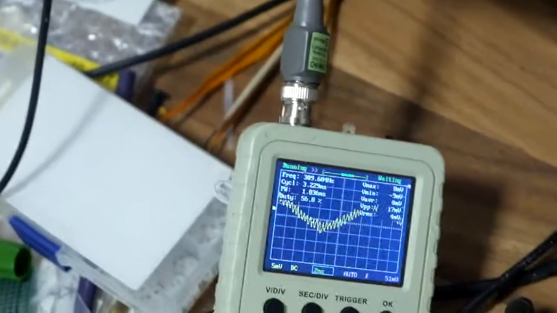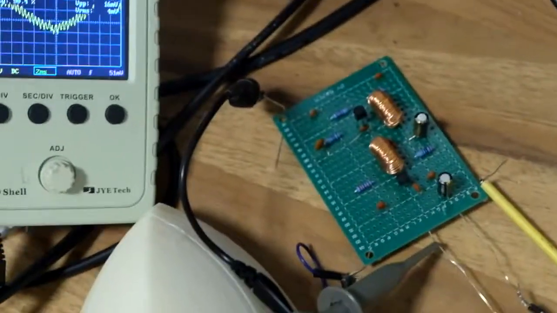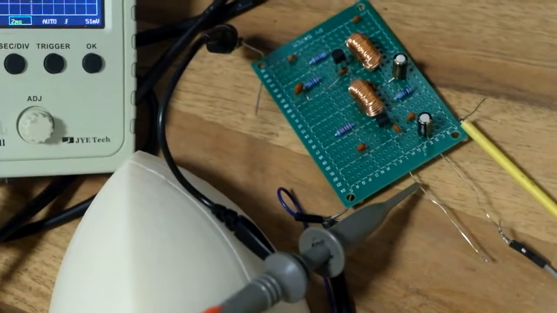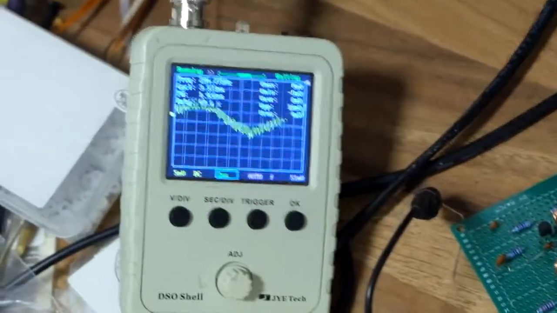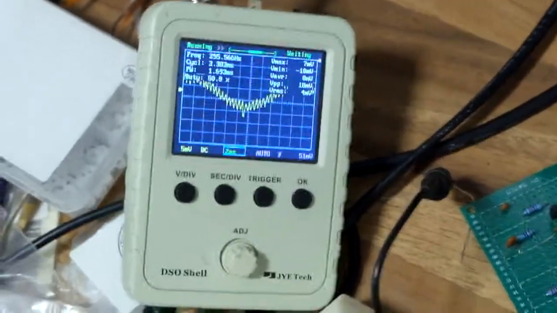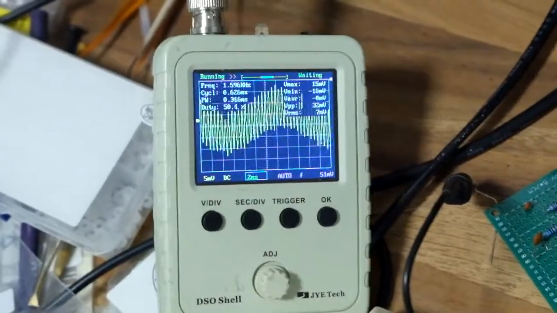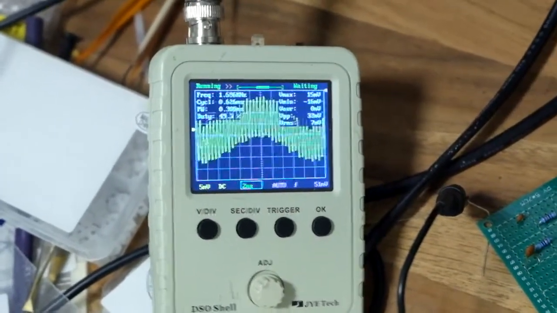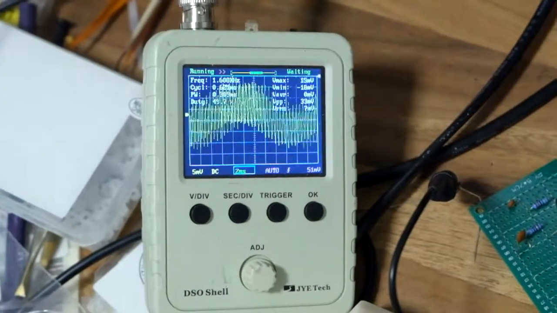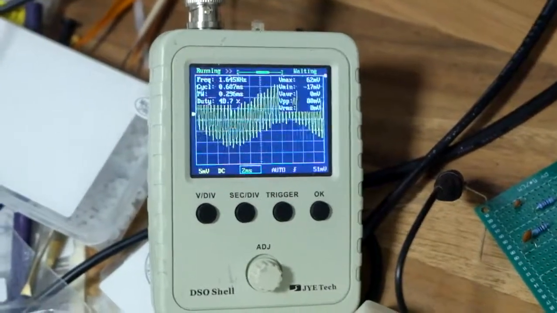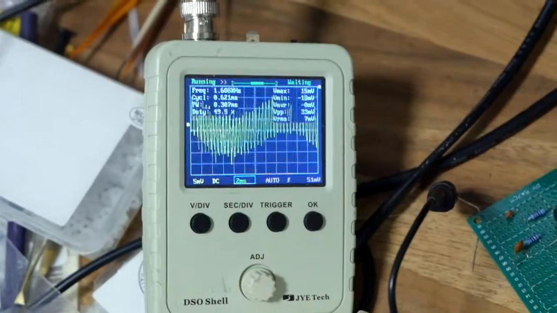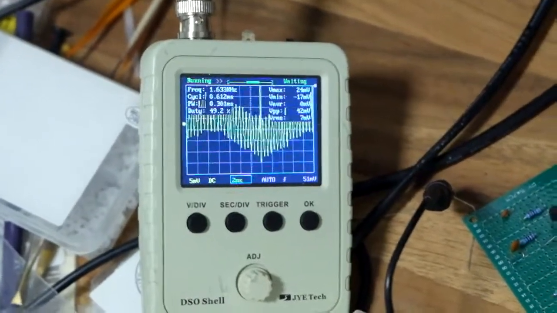So I keep it connected, have it here on the input, and now I change the volume, make it louder, and you see the waveform that is generated by the basic low power AM transmitter, it stays the same.